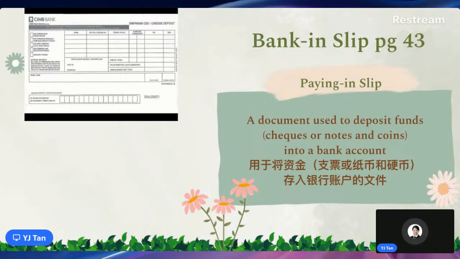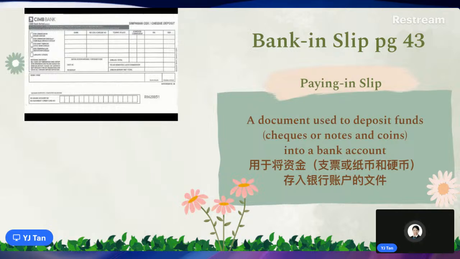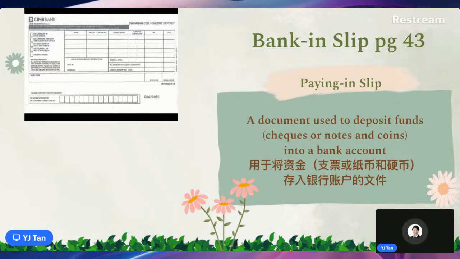In this paying-in slip, sorry, I got another bank example. Actually it requires you to indicate which account you want to bank into, right? No matter check or cash, and then the total amount.